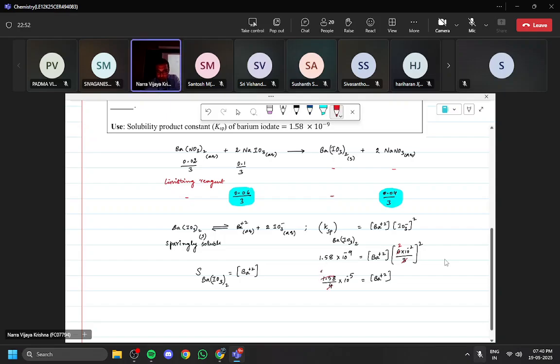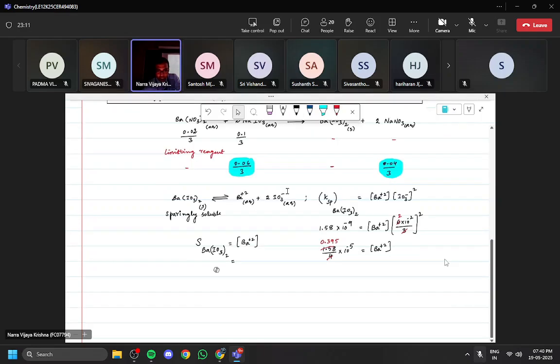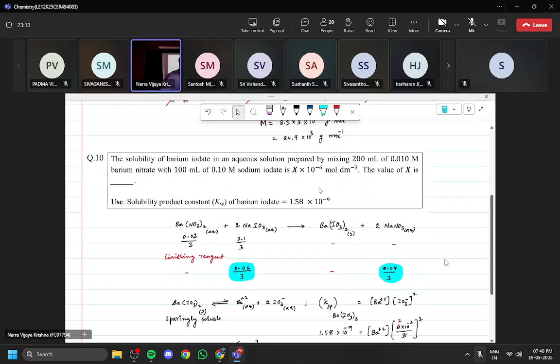4 into 3 is 12, means 38. 38 means 9 into 4 is 36, then 20 means 5. So 0.395. What is the concentration of Ba plus 2 now? You need to give the answer as something into 10 power minus 6 molar.